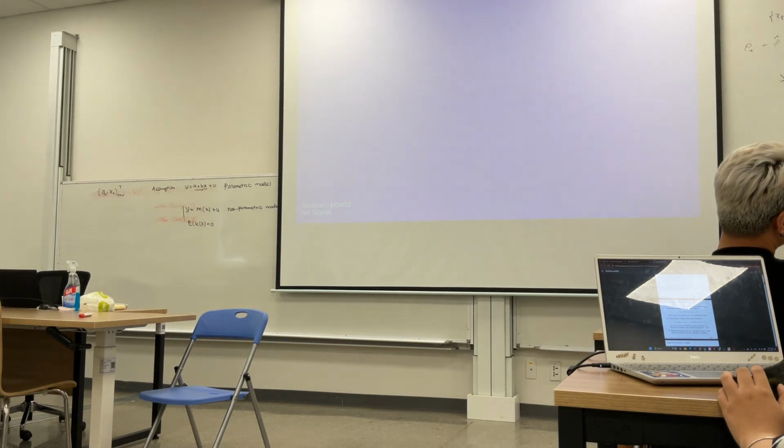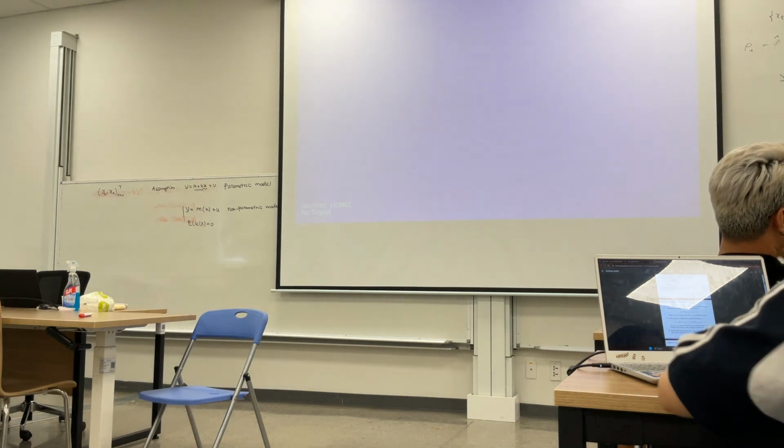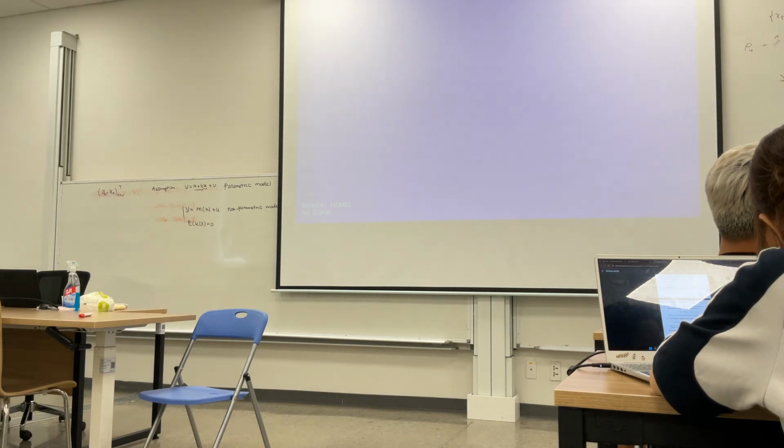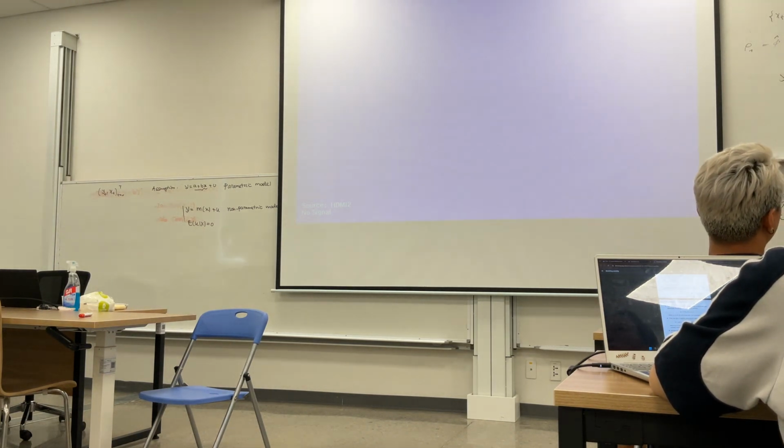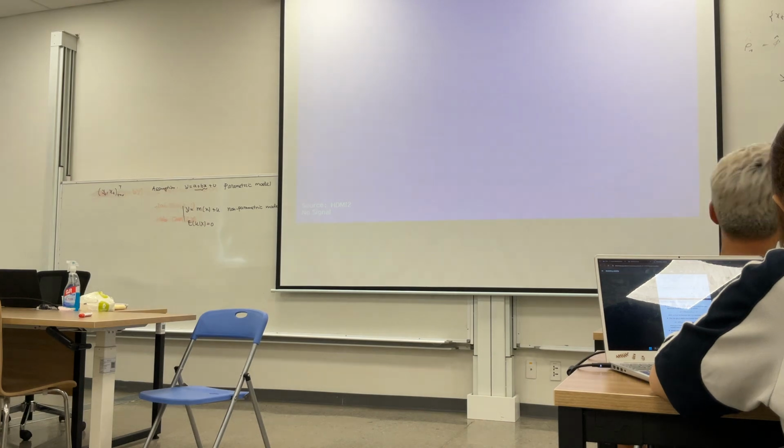Which one is the stronger? I think the first one is stronger because we can use that to conclude the other. That's right, this implies that. That's a stronger assumption. This doesn't imply that.